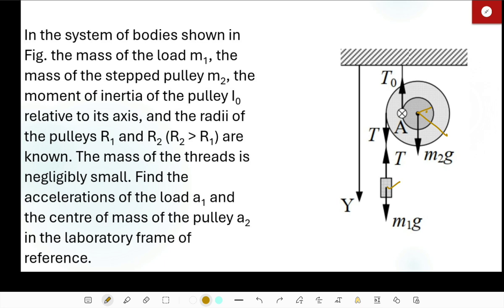So the instantaneous axis of rotation of the pulleys passes through this point, named A. This is the point of contact between the pulley and the thread, and it doesn't move, so the instantaneous axis of rotation passes through it. In this case, the instantaneous axis of rotation is perpendicular to the plane of the drawing.